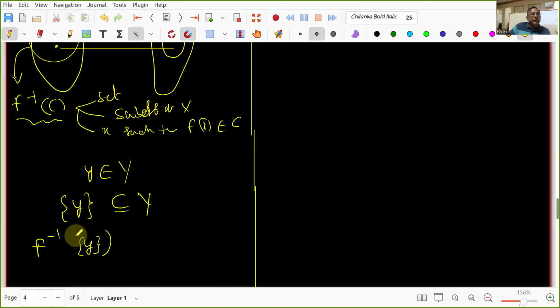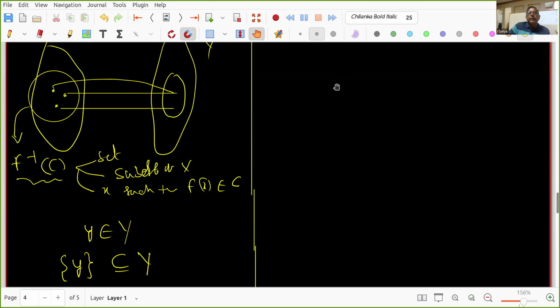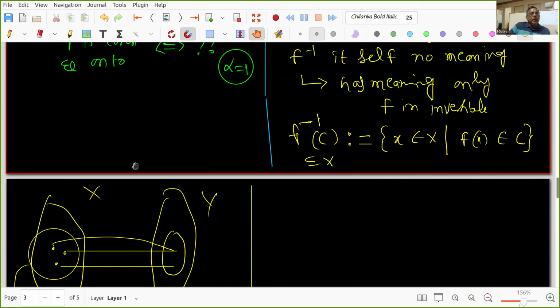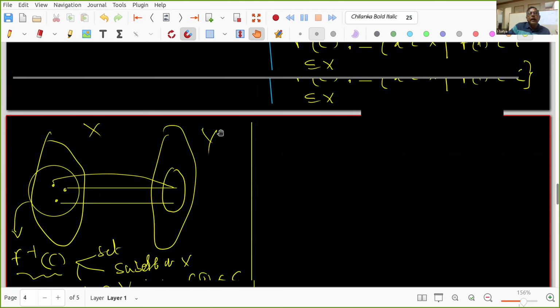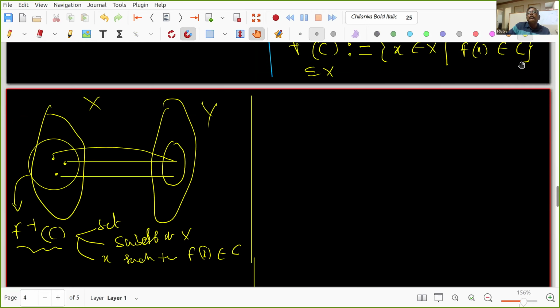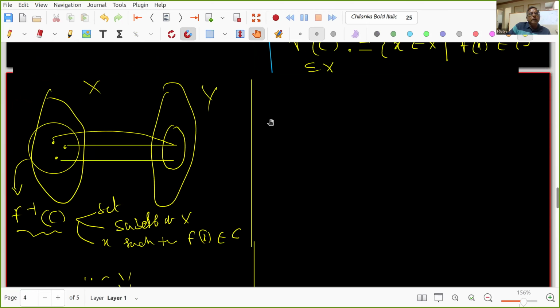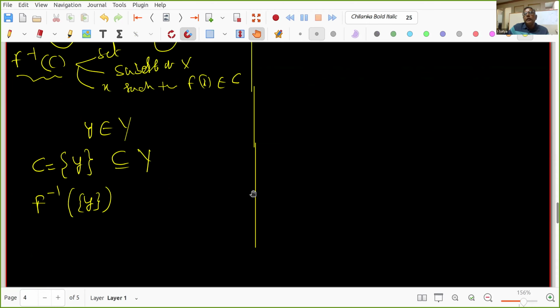C is a subset of Y, and now my C is singleton y. You understand the definition of f inverse of C: all the x such that f of x belongs to C. What is f inverse of singleton y?